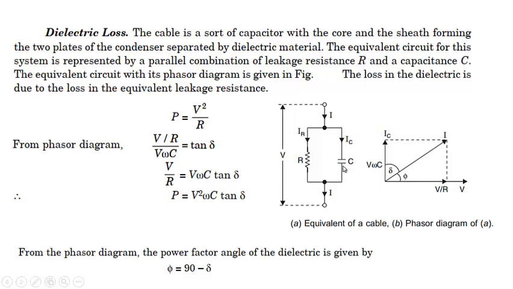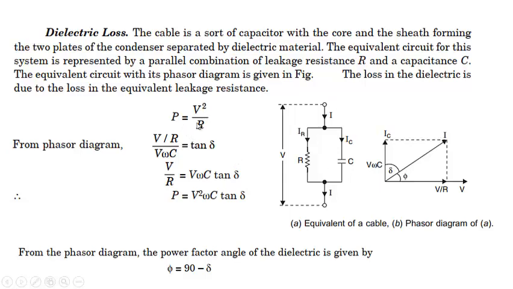In this case, this will have a very high value. For practical capacitance, this IR will be very small, so ideally this IR can be neglected and we can represent the cable by a simple capacitor. But practically there is some value of this IR. This cable will not be ideal and there will be some dielectric loss. We have to represent it by this.